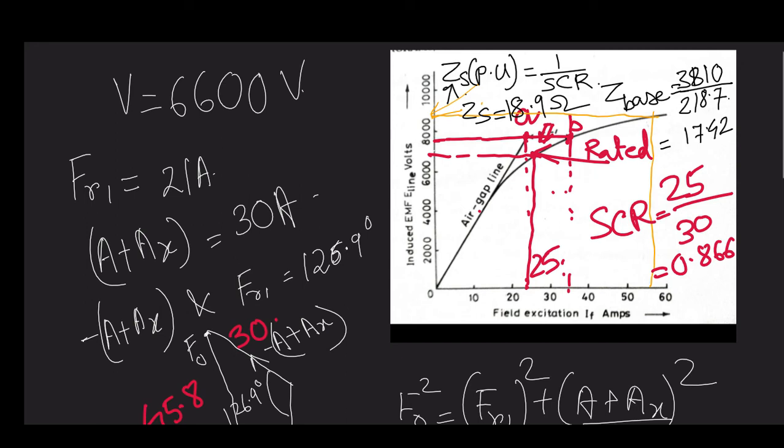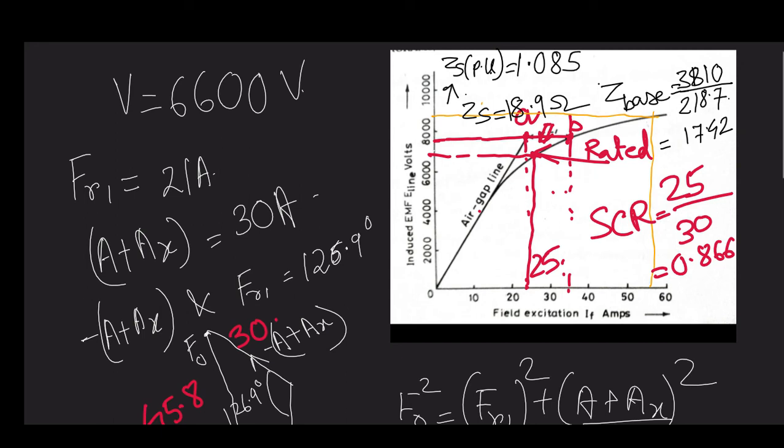So what is our ZS per unit? This is not in the calculation but I am doing it for concept clarity. We will get it like 1.085 approximately.